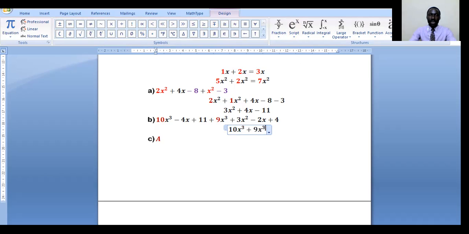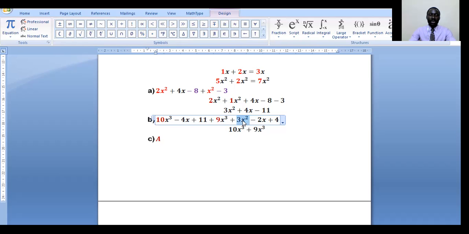Now, at least we have done that. The next numbers here are 4x, then 11. And also this side, we have this. Now notice that in descending order, we would like to have x cubed, then x squared, then x. So we would like to include the terms involving x squared before we go to that with x. Now notice that there is only one term with x squared.